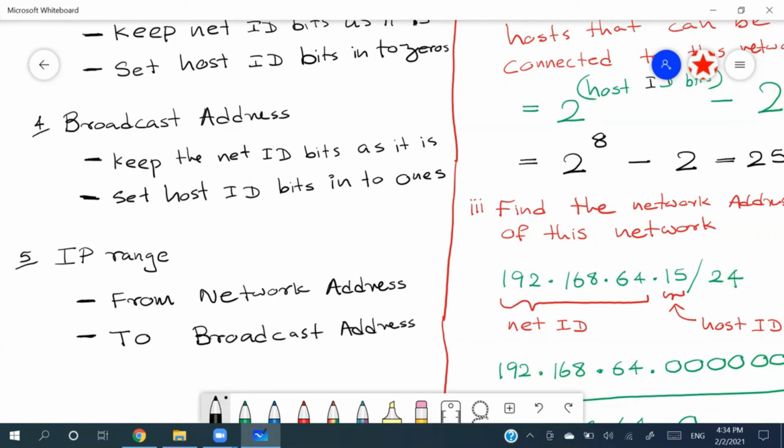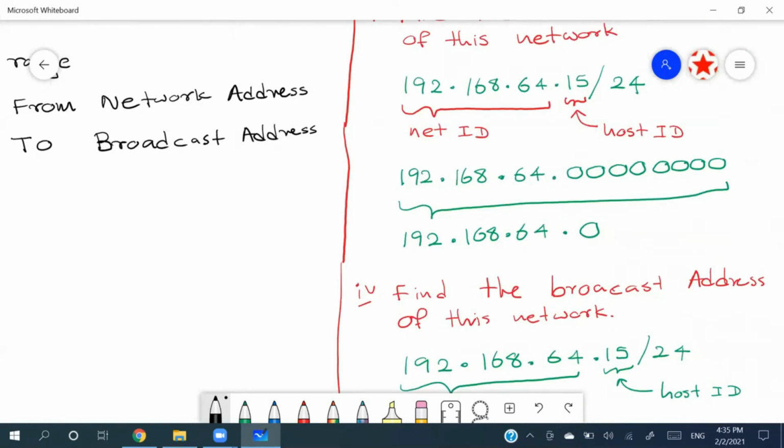Right? It is simple. So according to this particular example, the IP range will be 192.168.64.0 to 192.168.64.255 because it is the broadcast address.